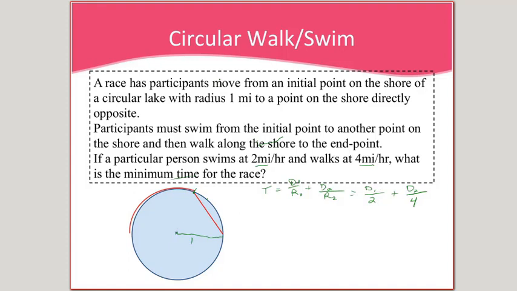Well, one way to do that is to not look at the distance itself as the variable, but look at something else as the variable. So in particular, I'm going to look at the angle that I'm going to make from the start of the race to where I get out of the swim portion.